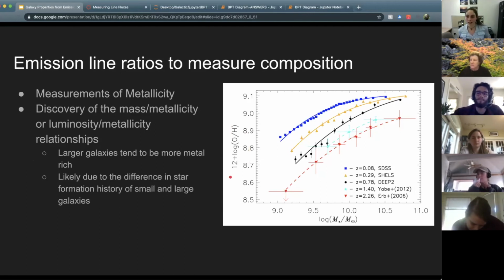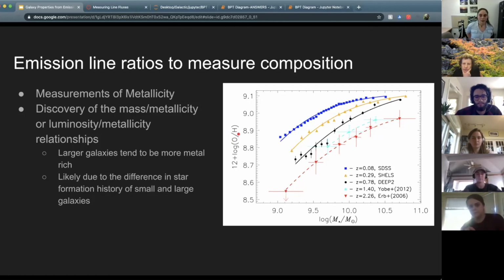There's not going to be a ton of iron, so trying to measure the Fe over H ratio is going to be more difficult, just because the iron emission lines will be weaker than the oxygen emission lines. So we typically see this 12 plus log OH when we're looking at galaxies. And it's just the emission line strengths of a few oxygen lines divided by the emission line strength of the H beta line, which again, I think we talked about two weeks ago.